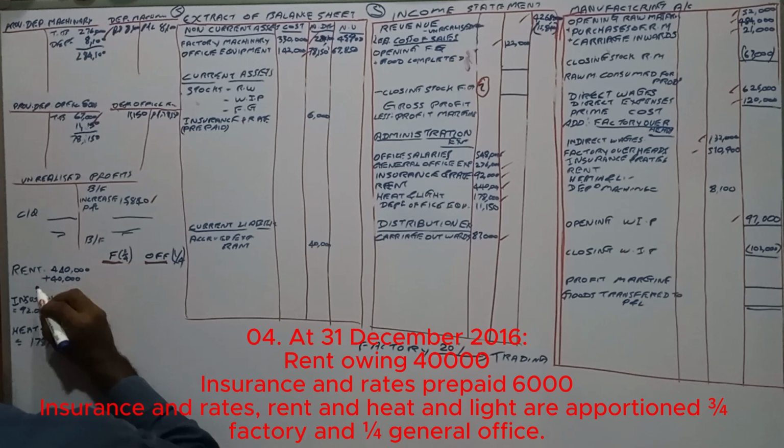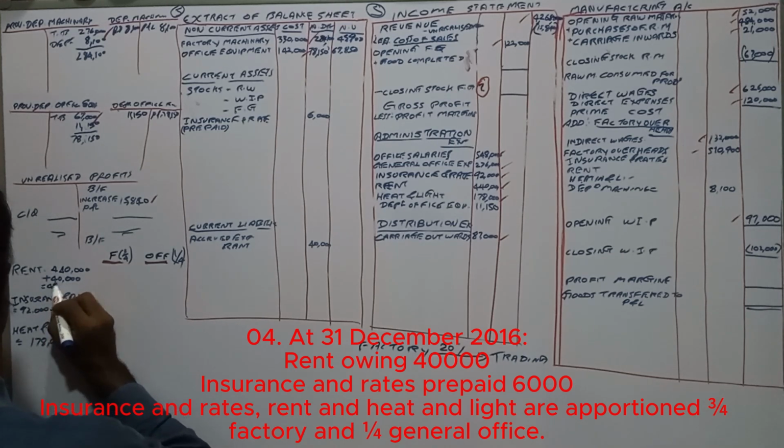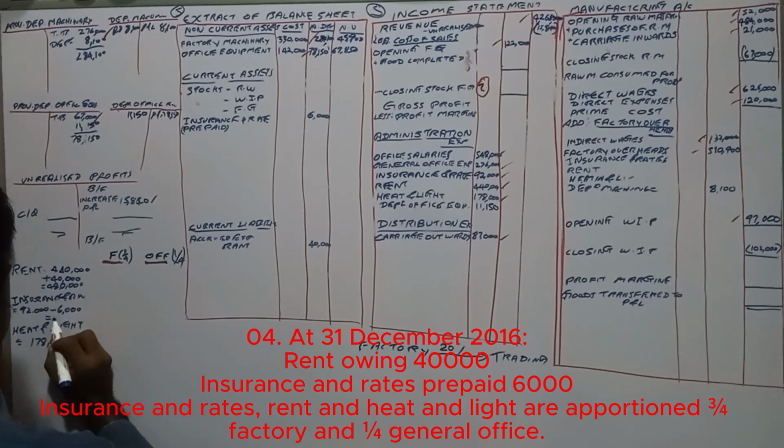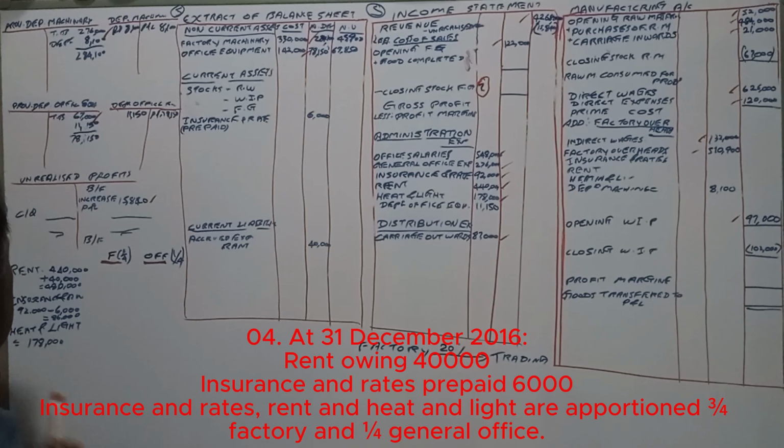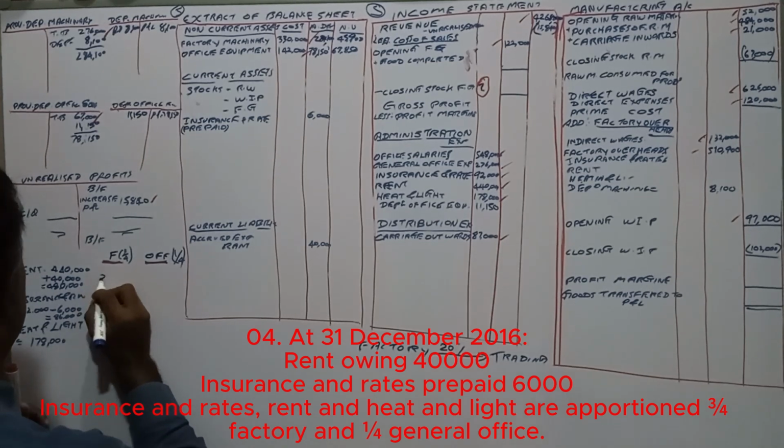So rent costed to 480,000 total. If you say 480,000 divided by 4 into 3, that means 360,000 is the rent for the factory.